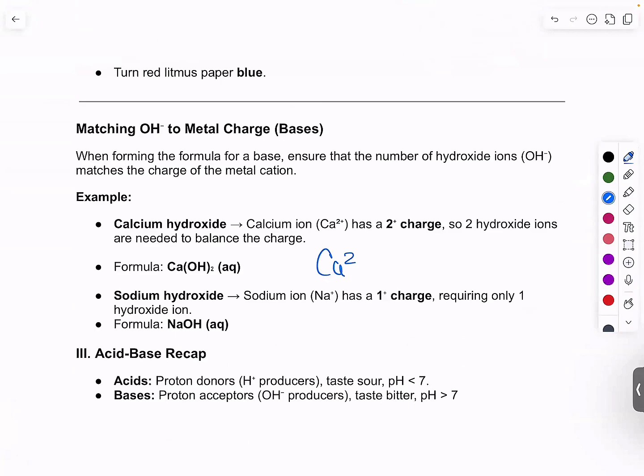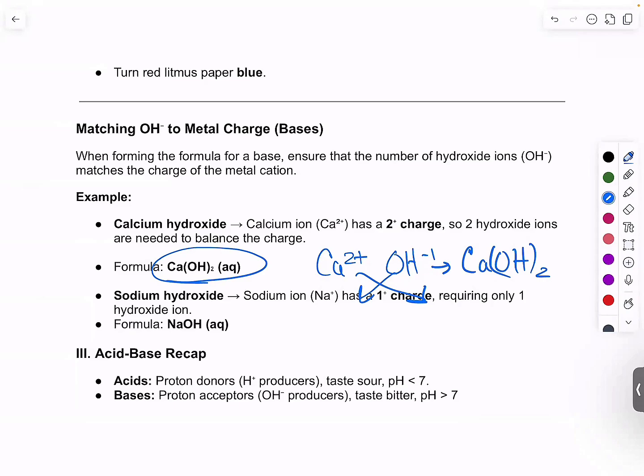Calcium is 2+, and OH is only -1, right? We need to crisscross. Again, you can crisscross or just mathematically understand you need 2 hydroxides for every single calcium cation. And notice I put parentheses here as well. You need to group those OHs when you add a subscript.